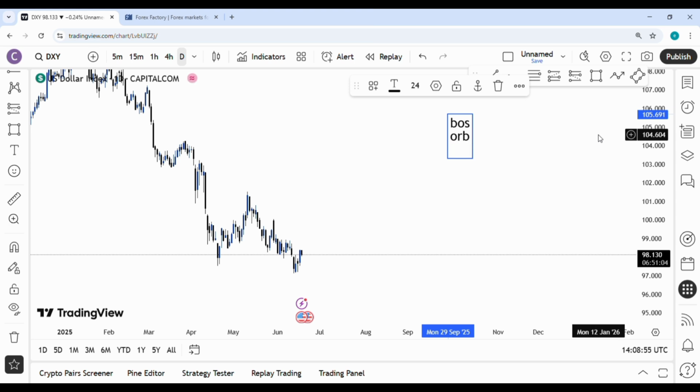After that order block, we have our fair value gap. After getting our fair value gap, we will need our imbalance or liquidity.